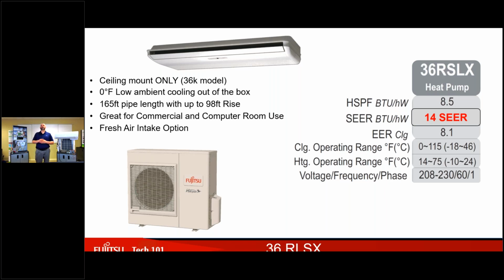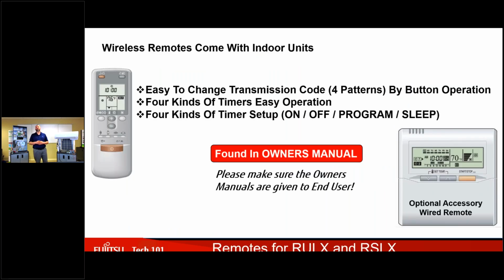Once again, can be used in a computer room, and we also have a fresh air intake option, which I'll talk about a little bit more once we get into the accessories portion. All right, wireless remotes, once again, will come with these units, but we do have the ability to use that optional accessory wired remote.